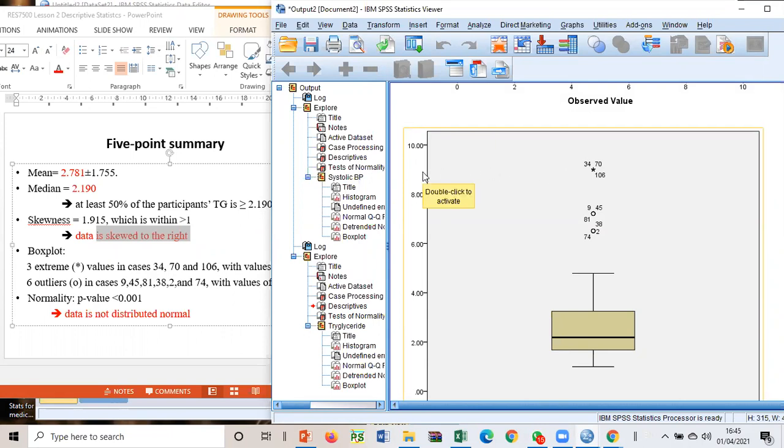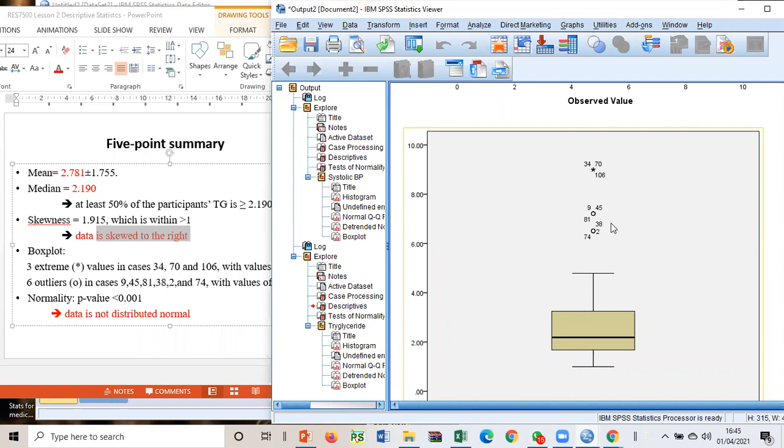TG, cholesterol 9. Is it common? Science students, cholesterol 9. Is it common? No, because it's an extreme value. Extreme value, you decide. But if medically people say it's possible, then you can't throw it out. Then you must use some other methods of analysis.